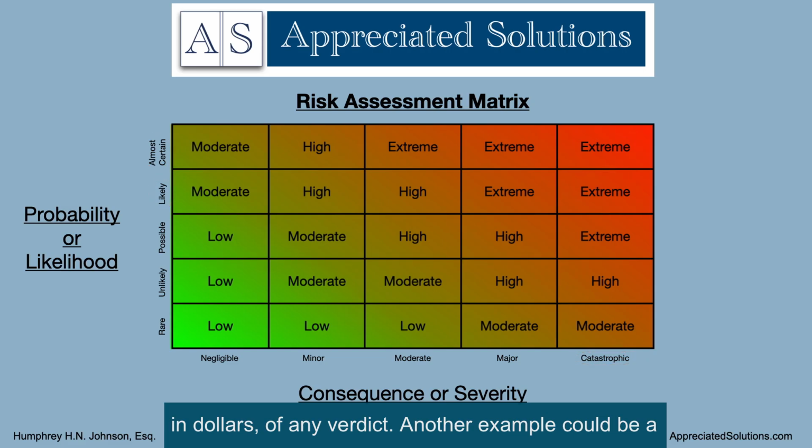Another example could be a plaintiff claiming he suffered soft tissue injuries after slipping on ice and falling in his friend's driveway. In this example, let us assume the plaintiff has no lost income and he was discharged from care after 8 weeks of physical therapy and reporting he had no further symptoms.